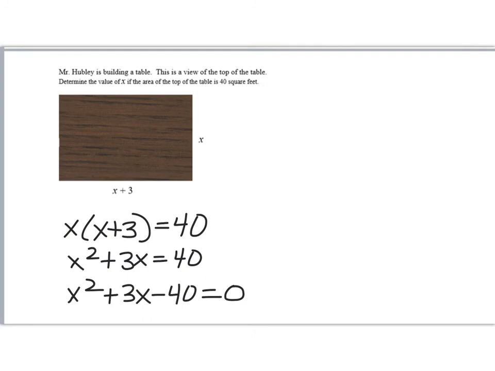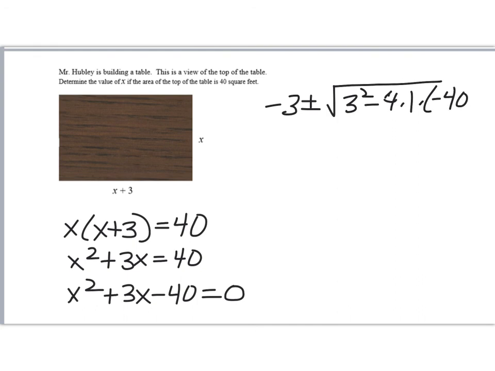You can do this with factoring, or you can do it with the quadratic formula. Okay, so the quadratic formula is negative 3 plus or minus the square root of 3 squared minus 4 times 1 times negative 40 all over 2 times 1.